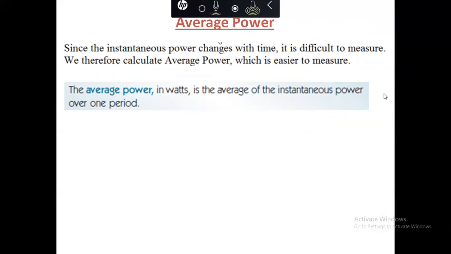We therefore calculate the average power, which is easier to measure. We measure the average power in watts. So we take the average of the instantaneous power over one period. That is in fact the average power.